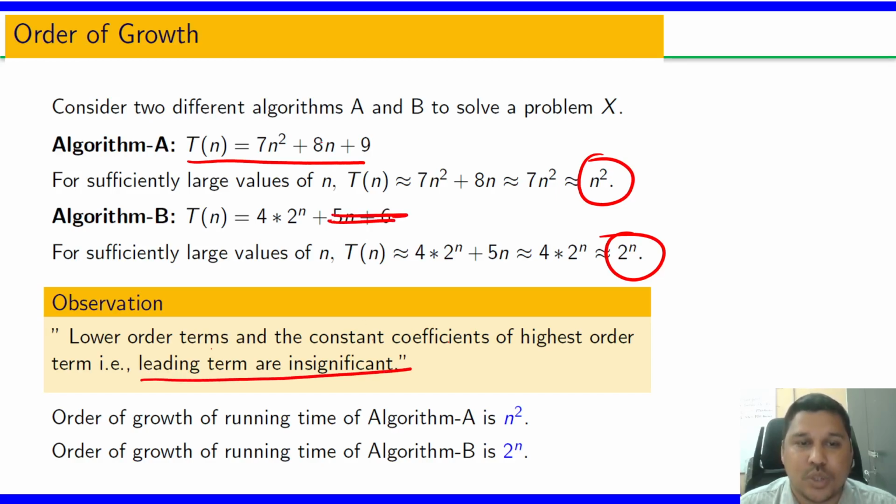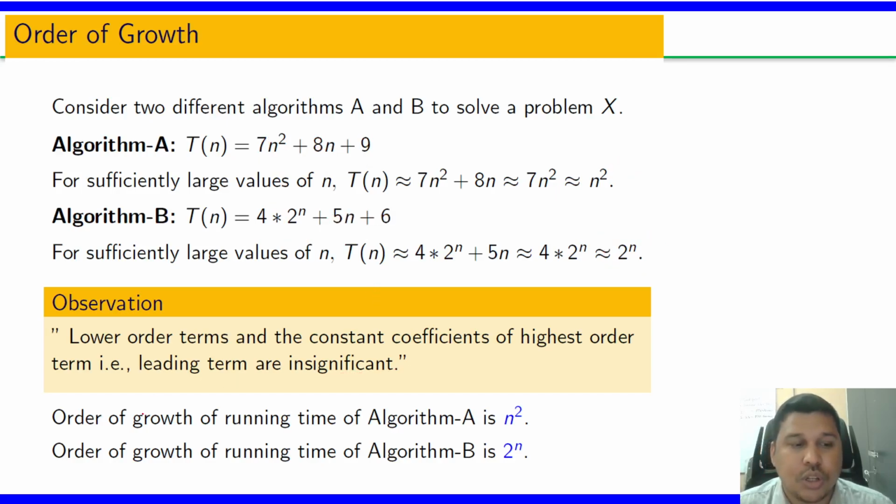These are of no use. We need to consider only the higher order terms, right? So the order of growth of the running time of algorithm A is n square, and the order of growth of B is 2 power n. This you have to compare and tell which one is best. So here I have n square and 2 power n.